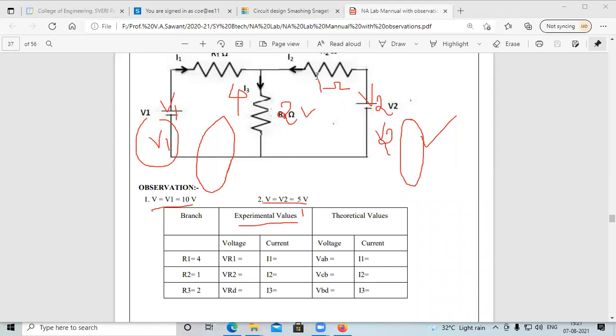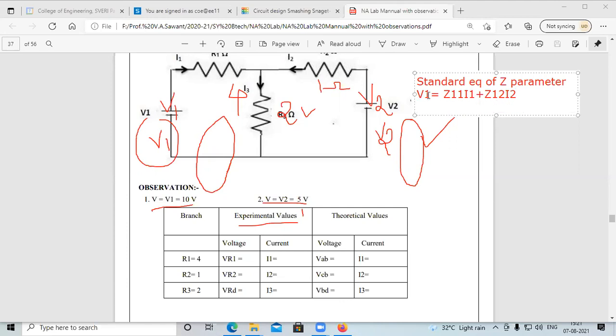First of all, we will write the standard equation of Z parameter. The standard equation of Z parameter is V1 is equal to Z11 into I1 plus Z12 into I2.